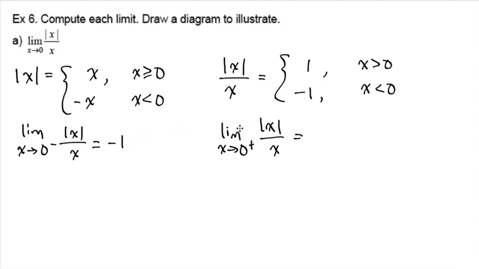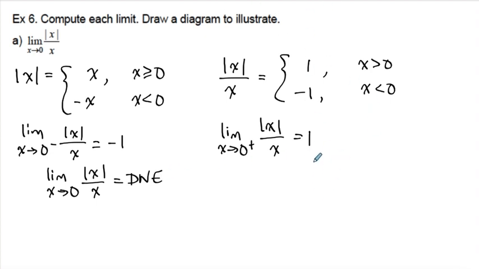And if I have values approaching 0 from the right-hand side, they're going to be positive, and so the limit is also going to be 1. And so we can see that the limit approaching from the left side does not equal the limit approaching from the right-hand side. Therefore, the limit does not exist. So we can say that the limit as x approaches 0 of the absolute value of x over x does not exist.